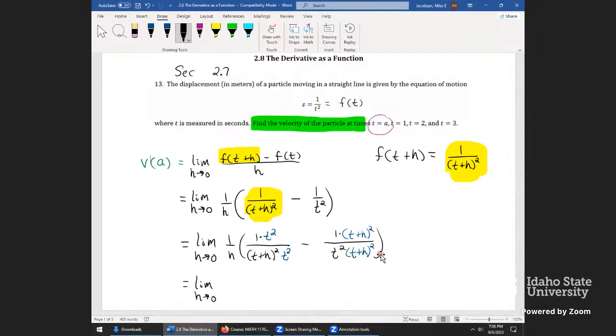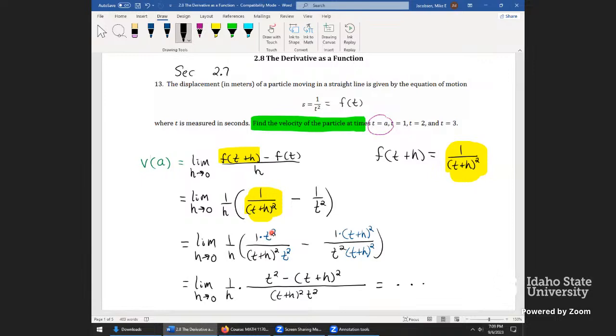So we can drop the parentheses at this stage and write 1 over h multiplying one overall fraction with t plus h squared times t squared down below. And above, we'll take the subtraction of the numerators, t squared minus t plus h squared.